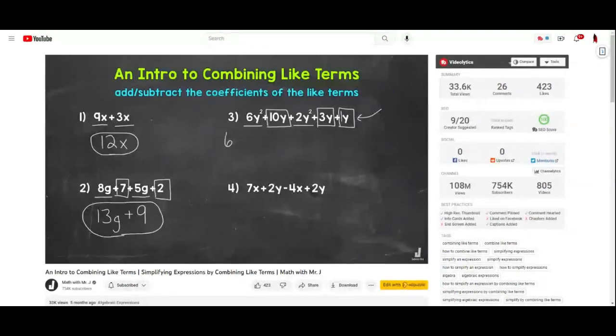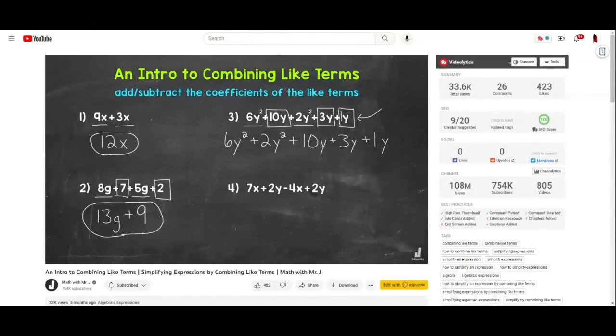I'll start with 6y squared plus the like term of 2y squared plus, now we have the y terms, so 10y plus 3y plus 1y. So now all of the like terms are next to each other, and it's a little easier to see what we can combine. So this is a strategy to keep in mind. Now, do you have to do this step in order to combine like terms? No, but it can be helpful.